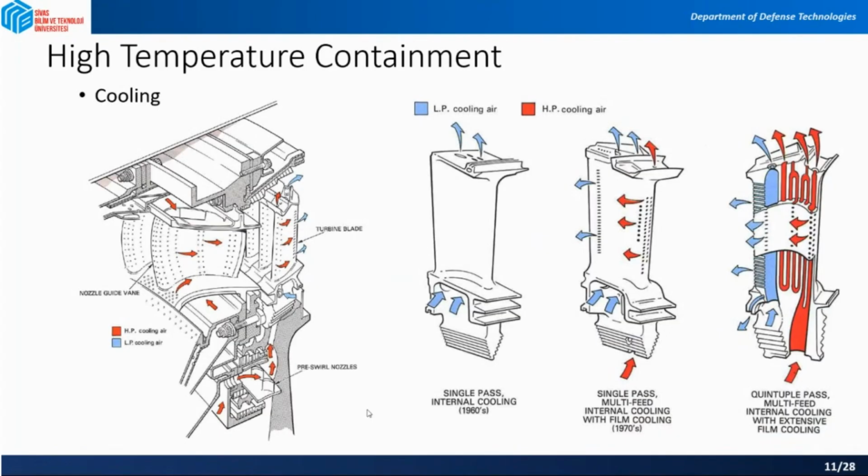So the third way, or the third thing that we use in order to contain the high temperature is the cooling of the blades, as you can see in this slide. So you have an air-cooled high-pressure nozzle guide vane and turbine blade arrangement at the left side, at the left figure.